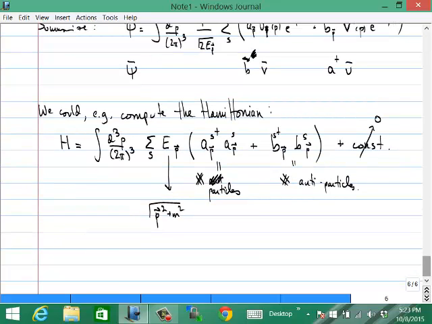Let me conclude with one final comment, which is that the spinor that we're studying has a symmetry. So the Dirac equation has a symmetry which reflects the fact that the Dirac spinor is complex.